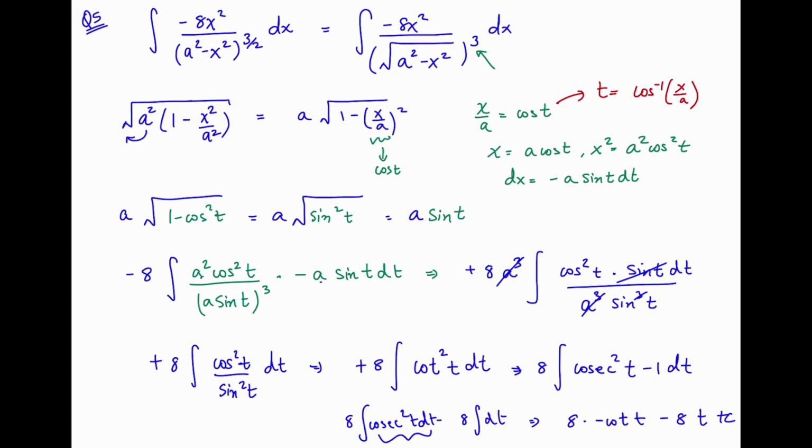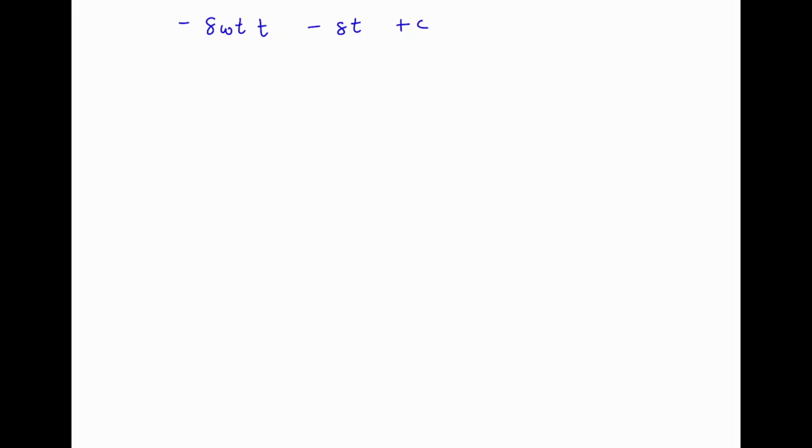You would get negative 8 cot of cos inverse x over a plus c. And that's how you solve this one.